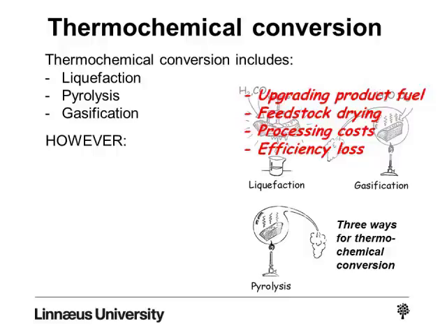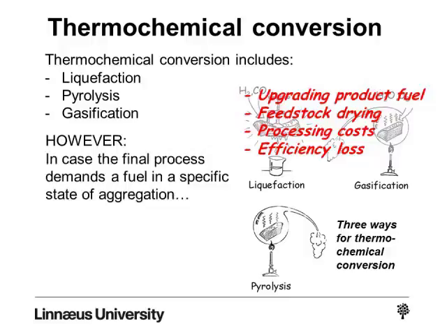However, in some cases, the final process may demand a fuel in a specific state of aggregation. For example, if you want to run a gas turbine, you cannot use a solid fuel. So if you want to run a gas turbine, using basically wood chips as the feed, then you simply have to convert the wood chips into something that is suitable for a gas turbine, either a gas or a light liquid.